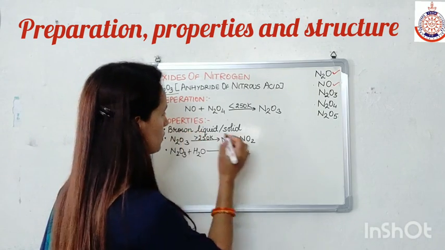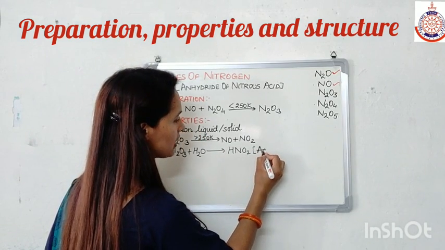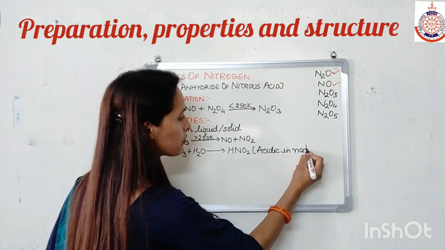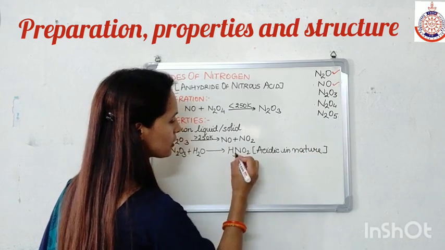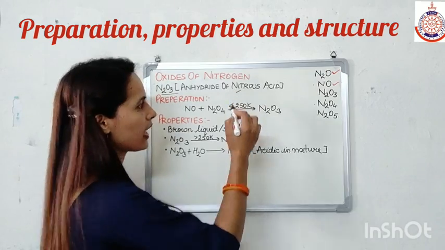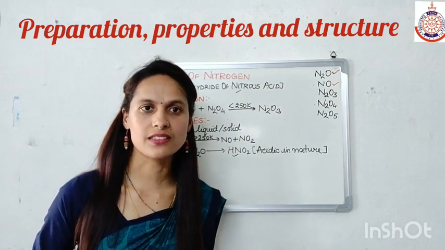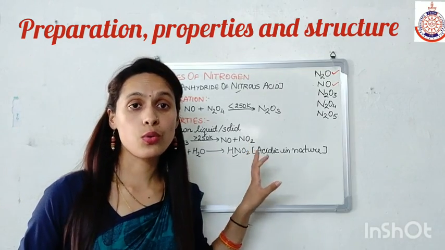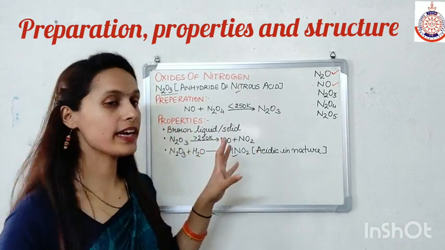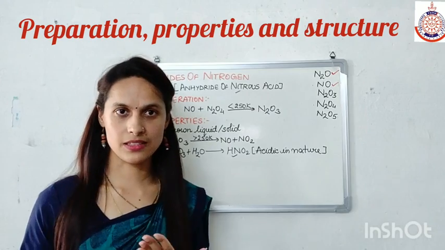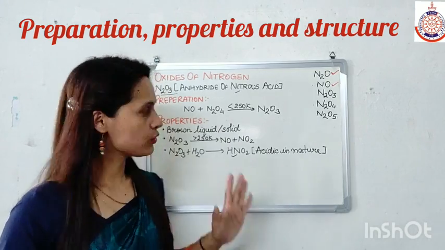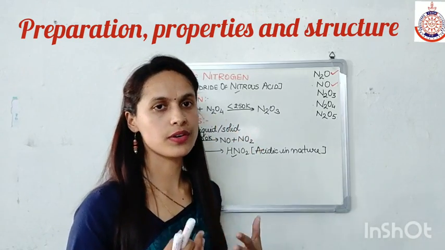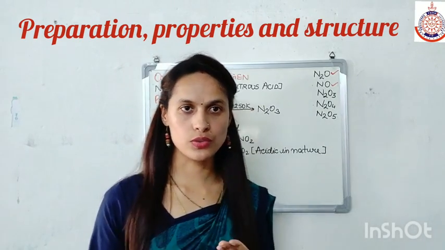It means this one is acidic in nature, and because of the formation of HNO2, this is known as anhydride of nitrous acid. Clear? So these are the properties of N2O3.